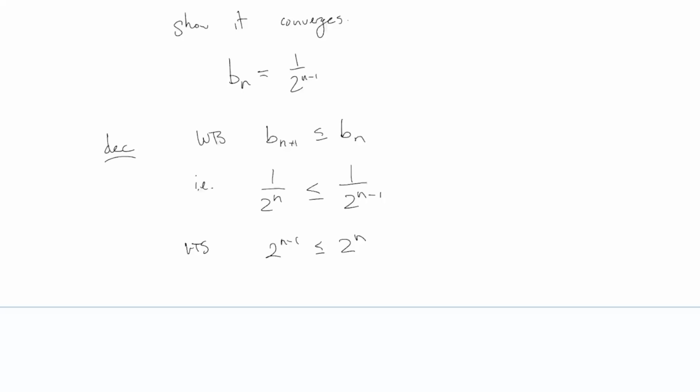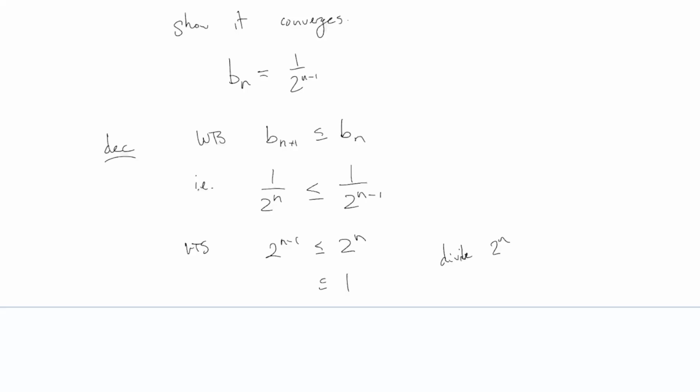Anyone agree with me? Divide by 2 to the n here. The right-hand side gives me just 1. What about on the left side? You can divide both sides of an inequality by something, as long as it's positive, which it is. 2 to the n is positive.